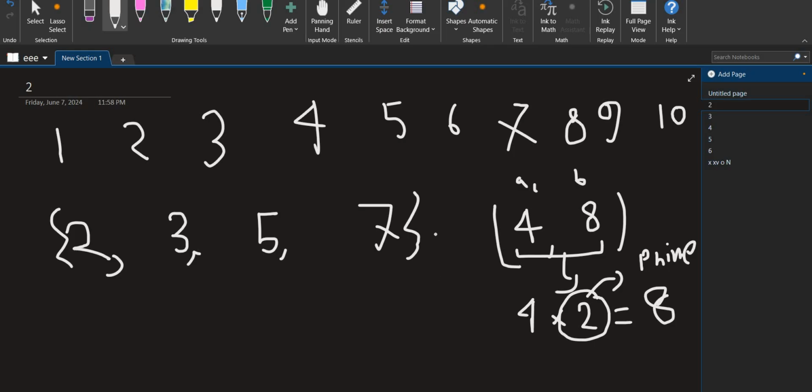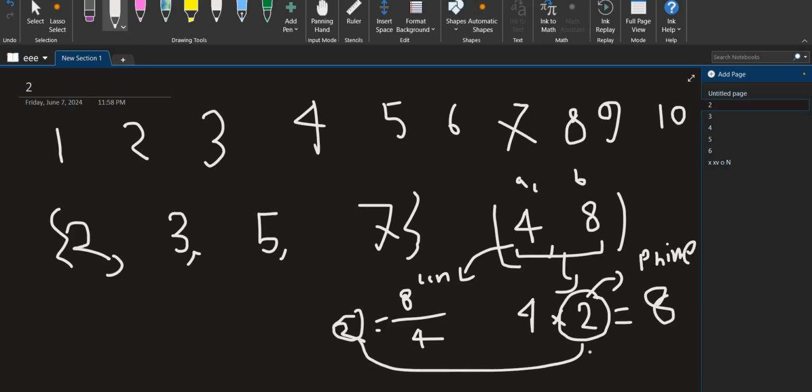And interestingly, if you take both of these numbers' LCM, you're going to get 8, divided by their GCD, which is 4. And more interestingly, this LCM divided by the GCD gives you that prime number right away.